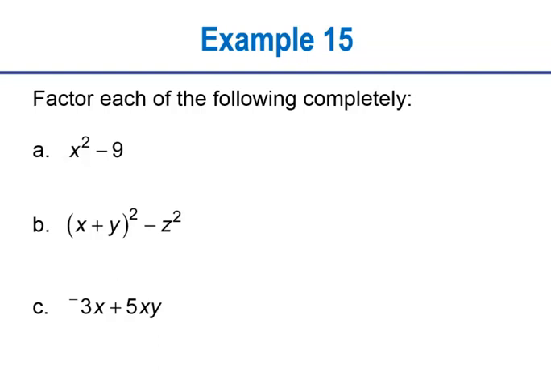If you look at the first one, the difference of squares only applies when you have a subtraction problem, which we definitely do, and x squared is a perfect square, and so is 9. So when you factor using a difference of squares, you have two sets of parentheses with one plus and one minus. And remember, the same number goes in the first position. So we've got to imagine, what would we put in the first position that if we squared it, it would give me x squared.